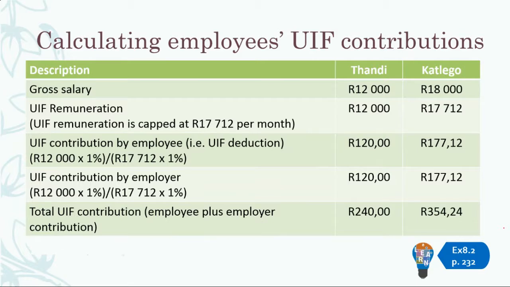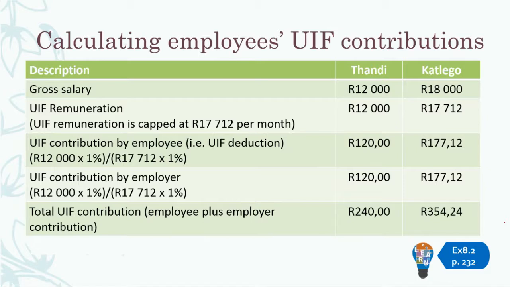Okay? Then our UIF contribution by the employee is 1%, and that's the UIF deduction. It is 1% of that UIF remuneration. So for Tandy, she needs to pay over 120 Rand to SARS for UIF, whereas Katlego will pay over 177 Rand and 12 cents.